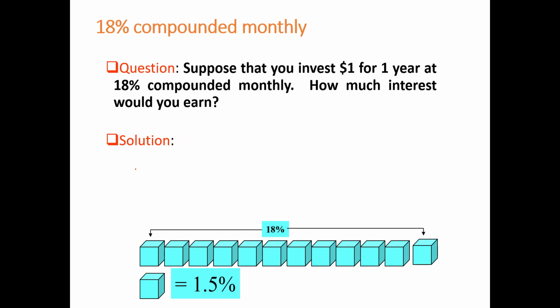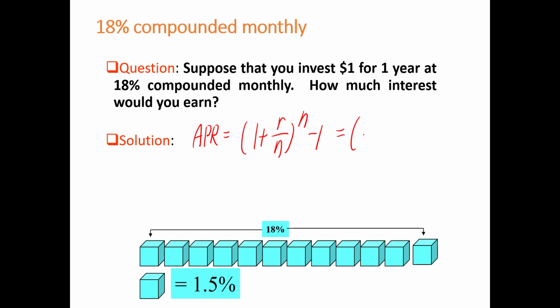Now, suppose you invest $1 for 1 year at 18% compounding monthly. How much interest would you earn? We can directly solve for APR. It's going to be 1 plus R over n, to the n power, minus 1.